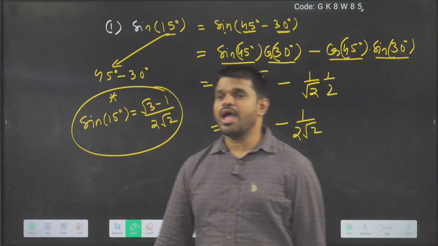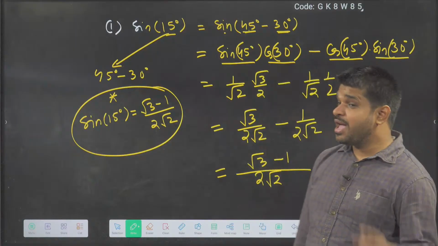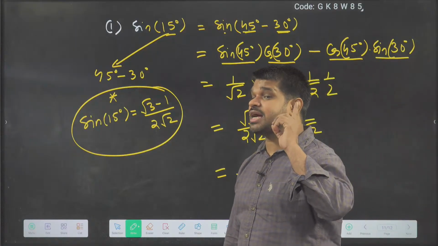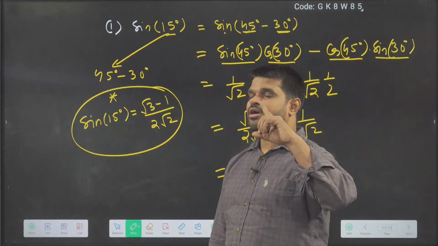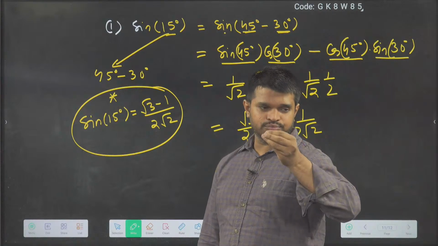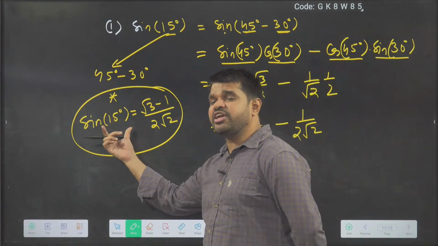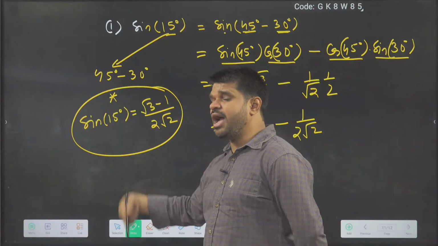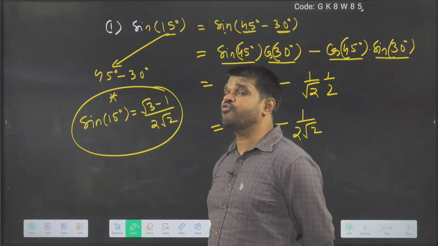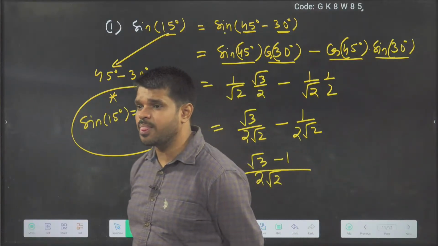Now, I am asking one thing. By applying the concept of complementary ratio, tell me sine 15 will be the same as the value of cos for which angle?